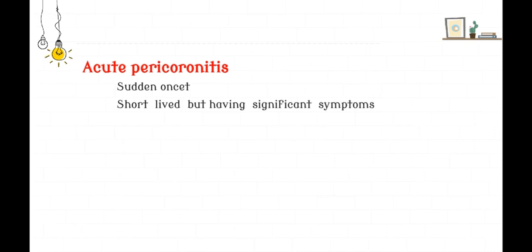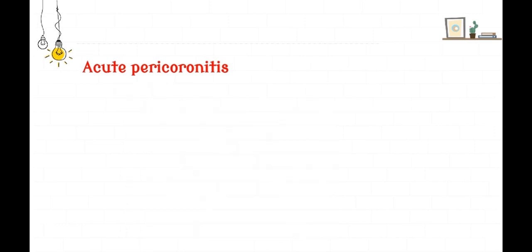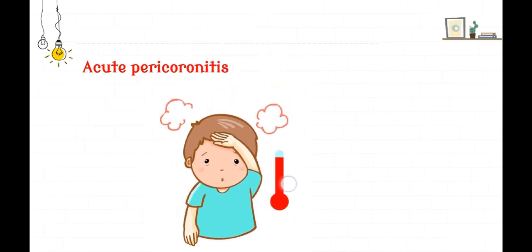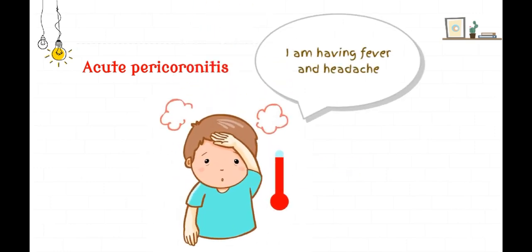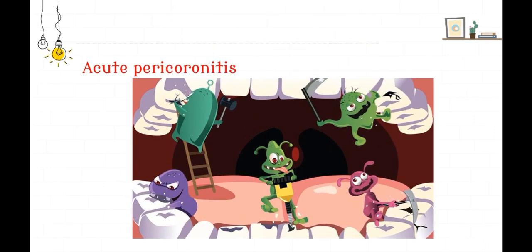It should be short-lived but with significant symptoms like redness, swelling, inability to chew, and difficulty in mouth opening. Acute pericoronitis also has some systemic involvement like headache and fever. Acute pericoronitis is also related to very poor oral hygiene.